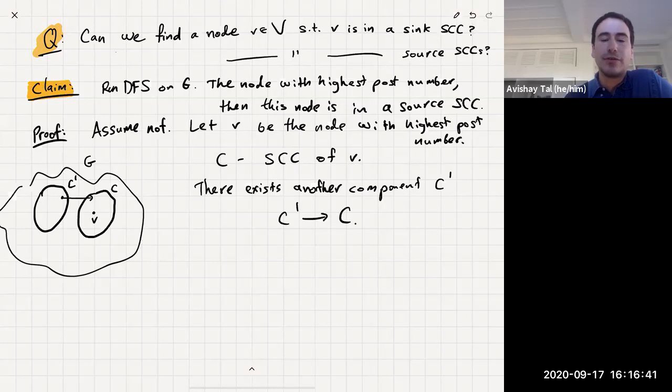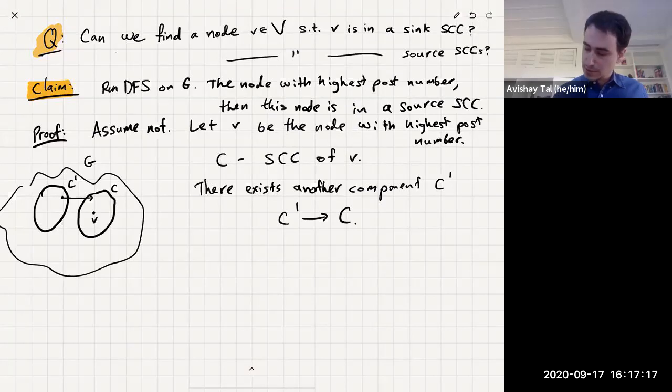It's just every vertex which we can reach from V and go back also. So C is well defined based on V. All right. So I want to show that this cannot happen. How will I show it? I will show that actually there must be someone in C prime that has a larger post number than V. And this will be a contradiction because we assume that V is the one with highest post number.